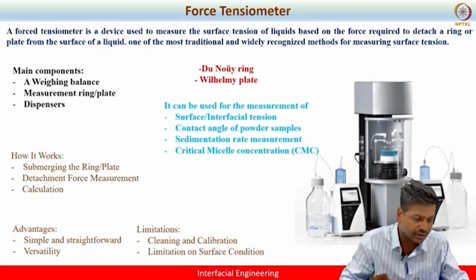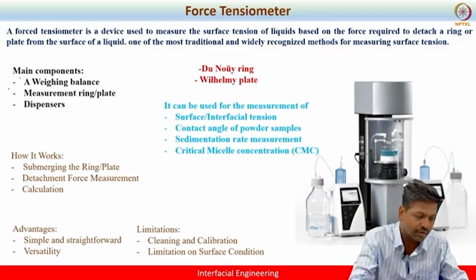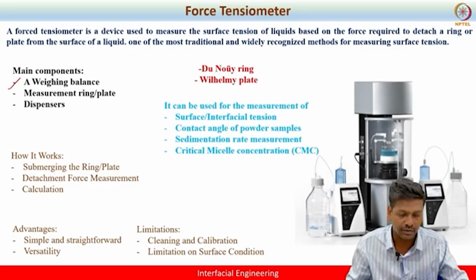The force tensiometer has several components: weighing balance, measurement ring or plate. It uses the Du Noüy ring method as well as the Wilhelmy plate method. Often these two methods are used whenever you want to measure the interfacial tension of various liquids.